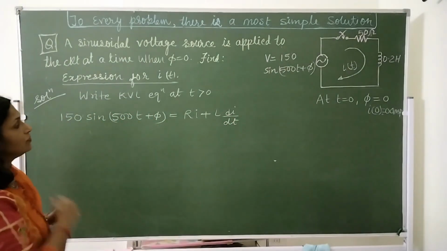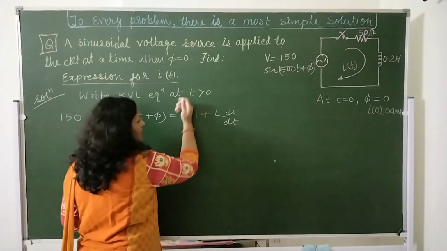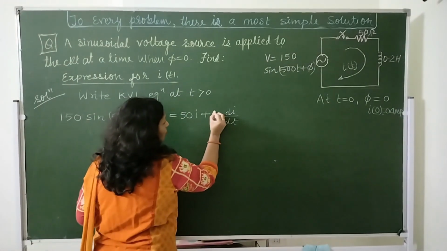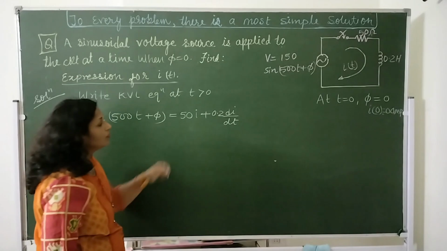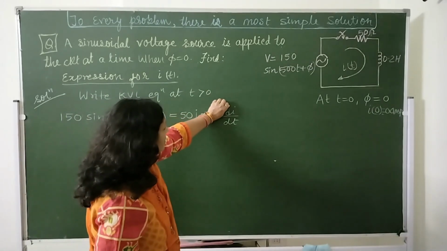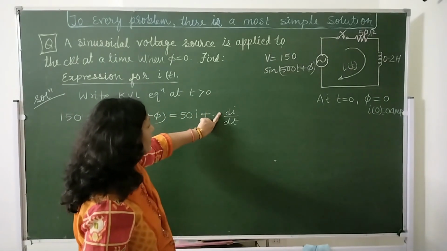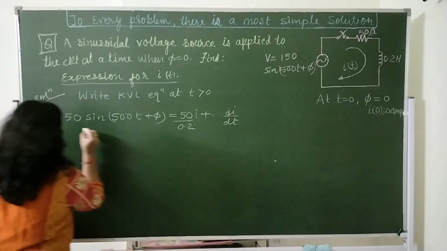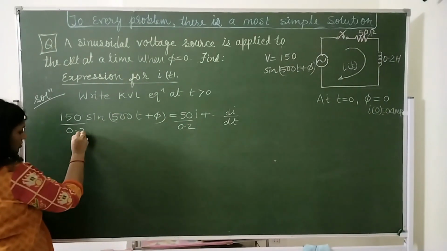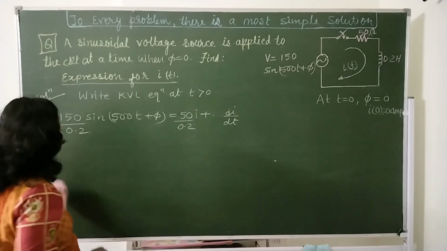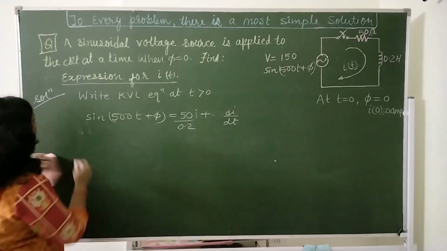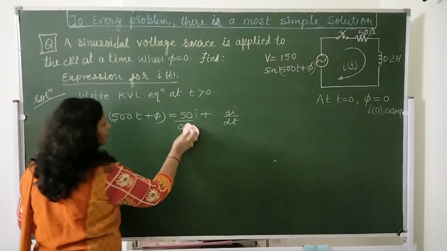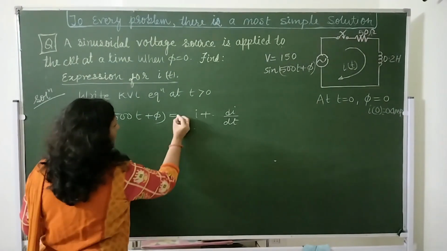Now put the values of R and L, that is 50 and 0.2. Now make this coefficient 1, divide every term by 0.2. So our equation will become, this will become 750 and this will become 250.